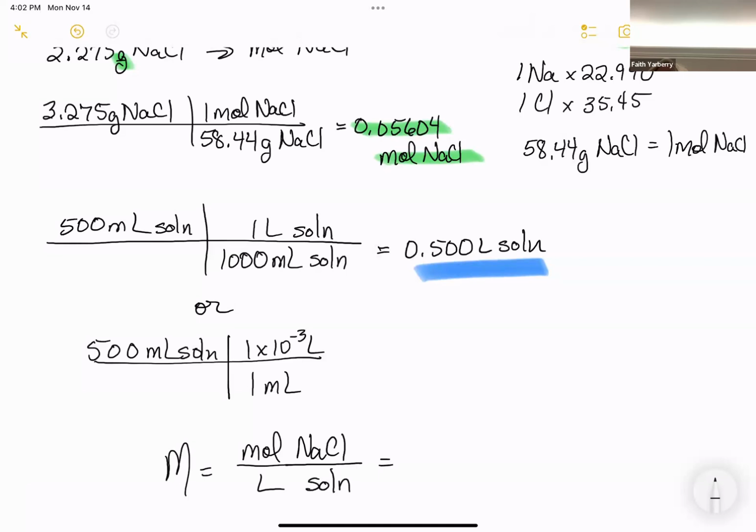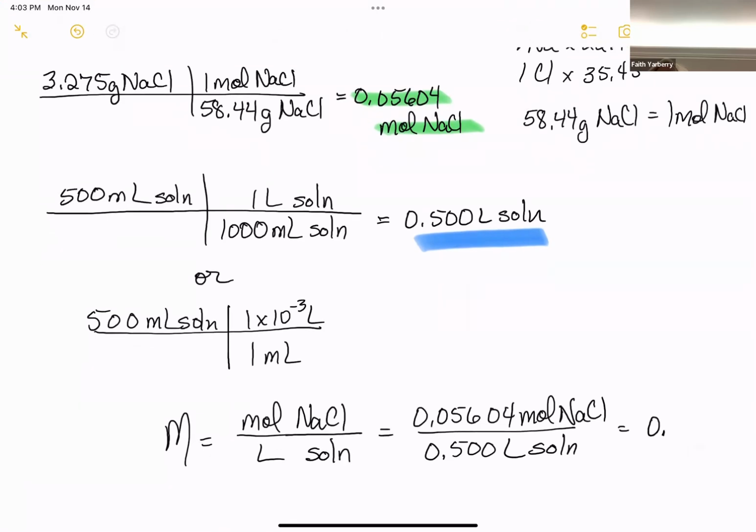So that's going to be equal to 0.05604 moles of NaCl over 0.500 liters of solution, which comes out to be 0.112 molar NaCl.